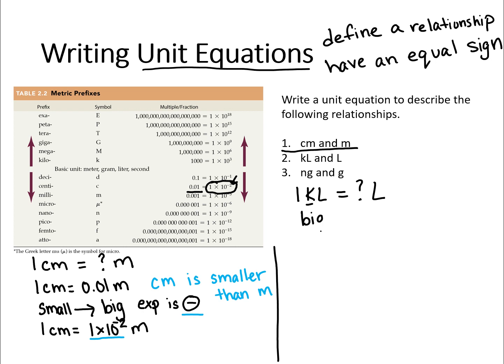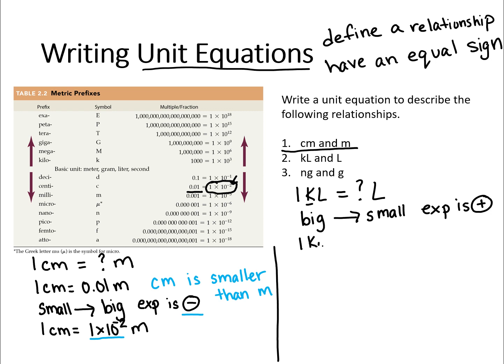And it's bigger than a regular liter. So when I write the number of liters that I have, it's going to be a bigger number than the 1 that I have for kiloliter. So my exponent, when writing in scientific notation, is going to be positive.